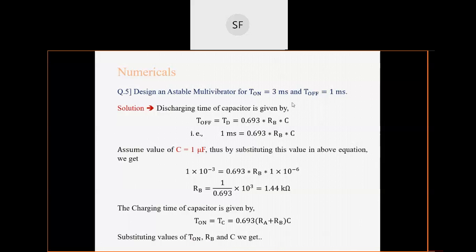So only these two parameters are given. Okay. So by using these two values and their expressions, you need to decide the values of all the components used in your circuit. Again, components used in astable multivibrators are nothing but RA, RB and C. So by using these two values, you have to determine the values of RA, RB and C.